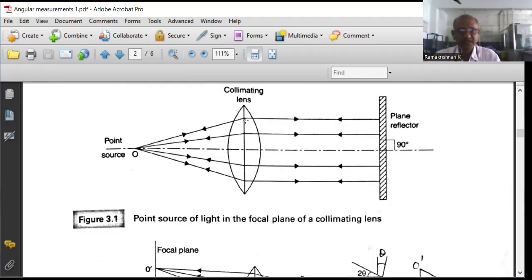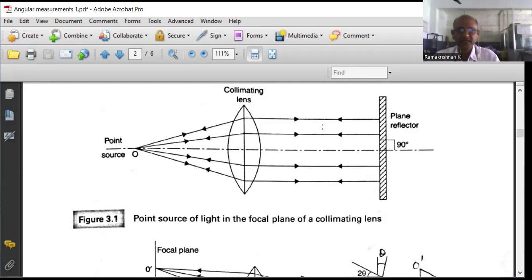Light rays from the point source are made to penetrate the collimating lens. From the point source, the light travels towards the lens in any direction or orientation, but after passing through it, the lens makes all the rays parallel to each other.